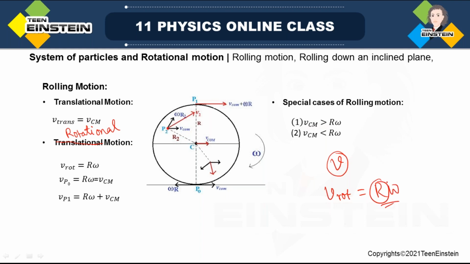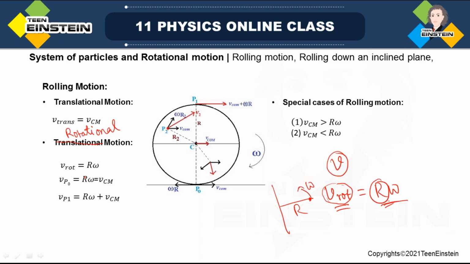Here r is the distance of that particular particle, say at a capital R distance, and omega is the angular velocity of all the particles on this disk. So v is equal to r into omega. This is actually the translational velocity due to rotation, also called the linear velocity due to rotation.